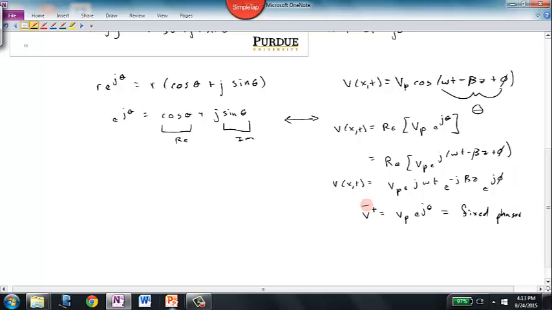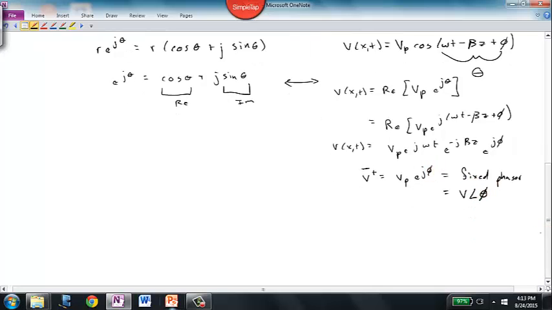A lot of times that's given a little bar over it, and it is equal to V at angle phi. We call e to the j omega t the time phasor, and the last part, e to the minus j beta z, we call the distance phasor.